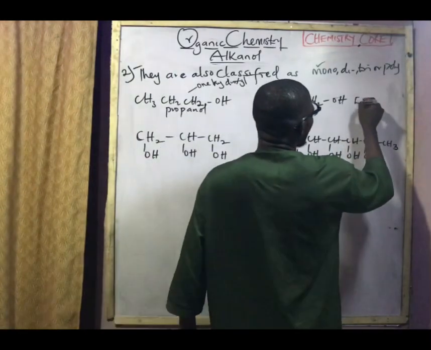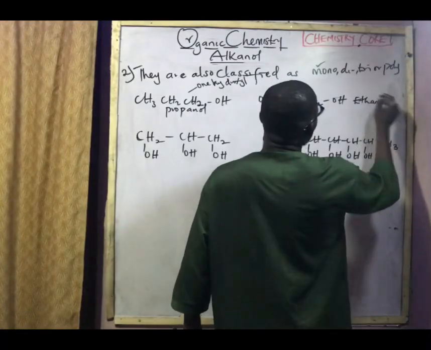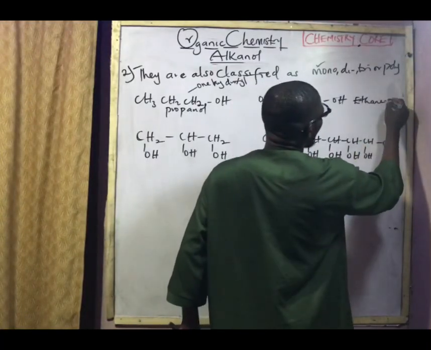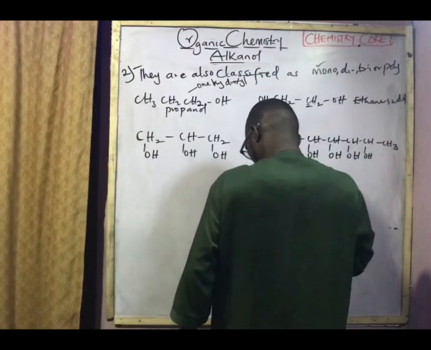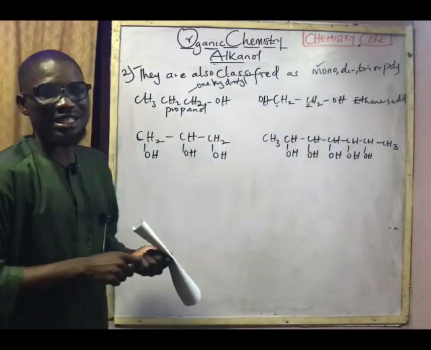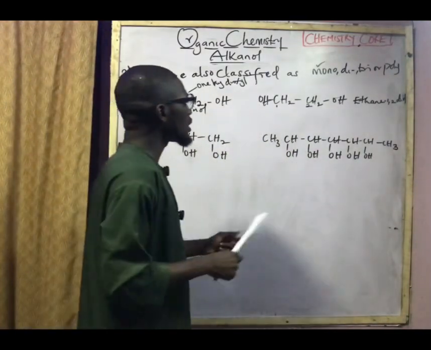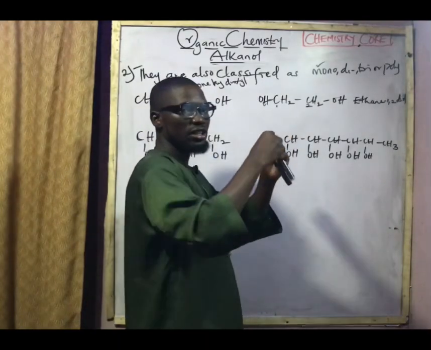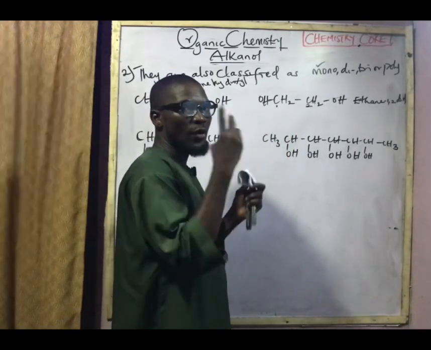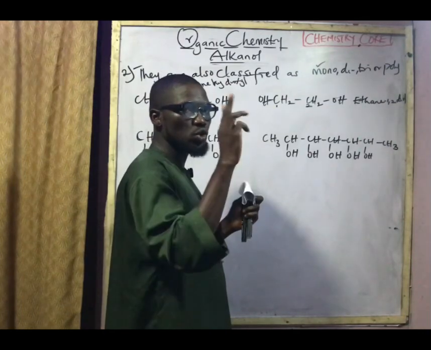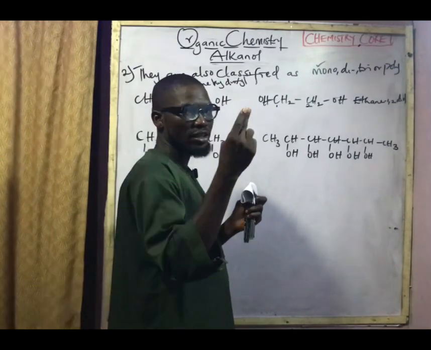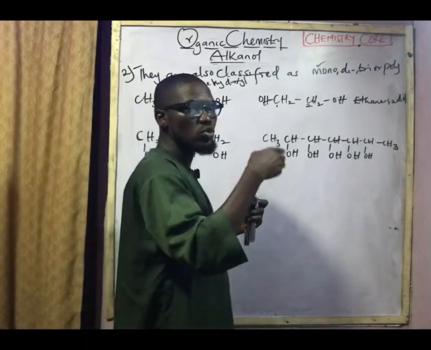You have ethane 1,2-diol. Why do we have ethane 1,2-diol? Because the longest chain is ethane, and we have 2 hydroxy groups, so the numbers attached to the hydroxy are 1 and 2, to make it di. So we call it 1,2-diol.